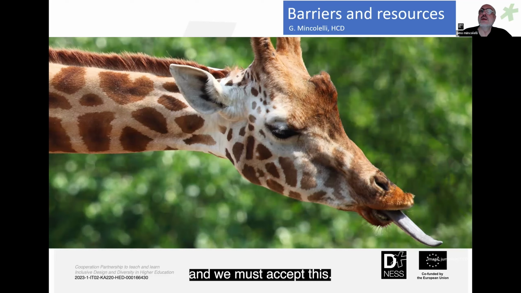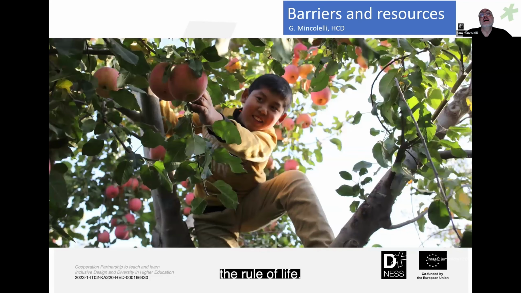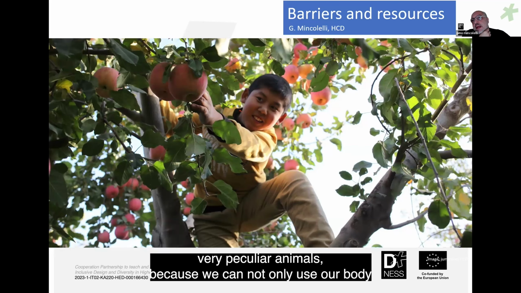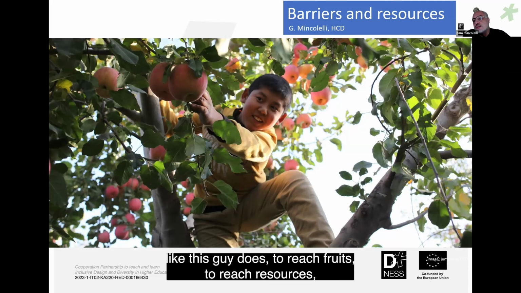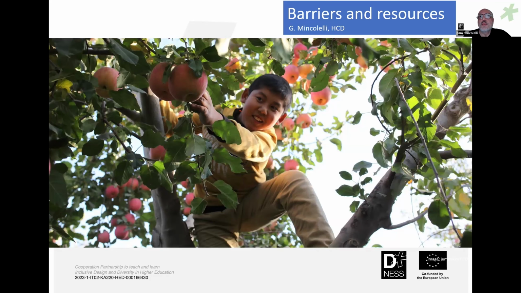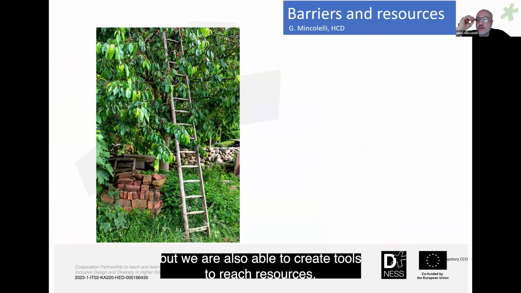And we must accept this. Inclusion and exclusion, and exclusion in most cases, is the rule of life. We are very peculiar animals because we can not only use our body like these animals do to reach fruits, to reach resources, but we are able to create tools to reach resources.